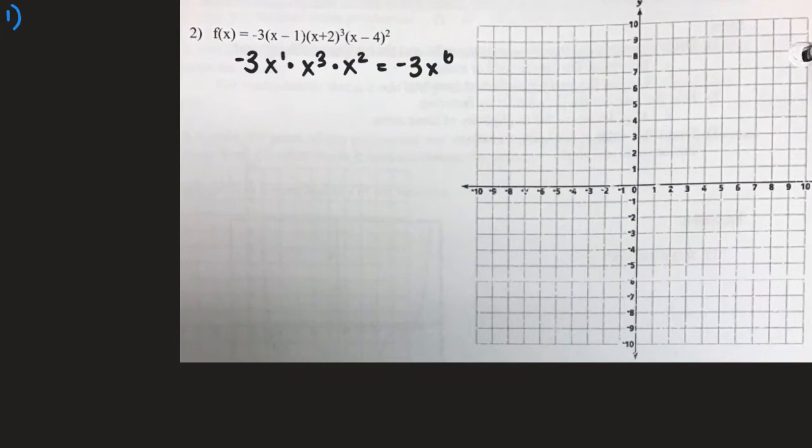So now let's analyze it over here, okay? My highest degree is technically the 6th power after we kind of fast distributed it, all right? This right here is even. I also know that my leading coefficient is not positive this time, it's negative. So we have an even power and a negative leading coefficient.